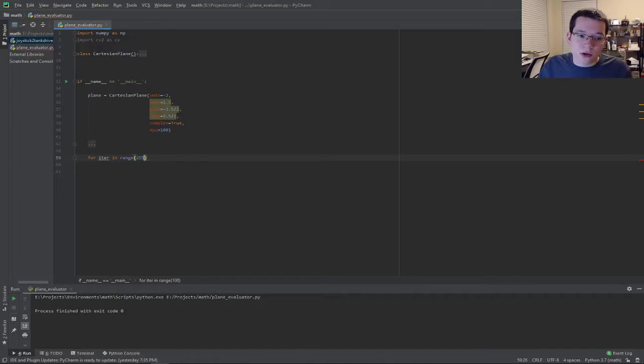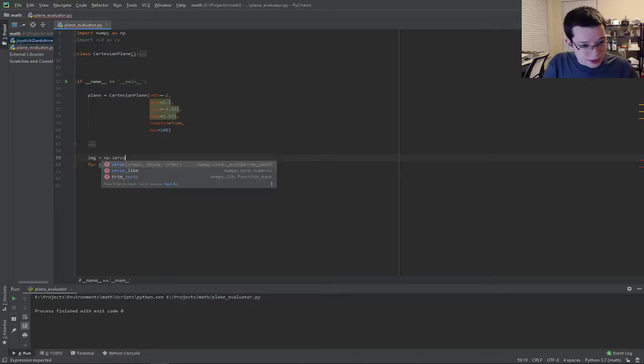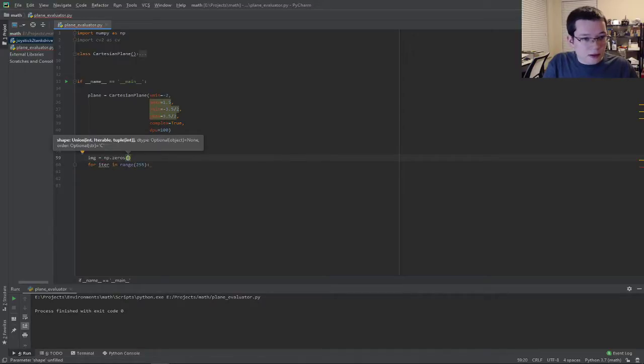Actually, we'll say do 255 iterations, for reasons that we'll see in a minute. And then we're going to say image equals zeros in the same shape as our plane.